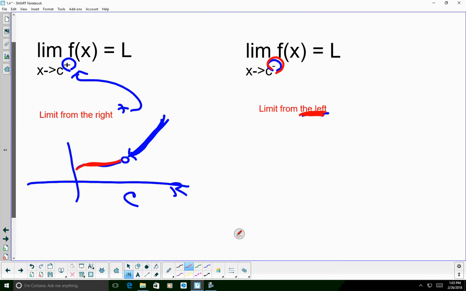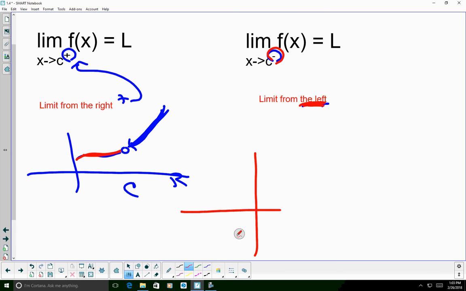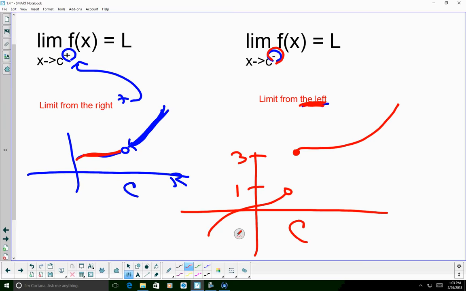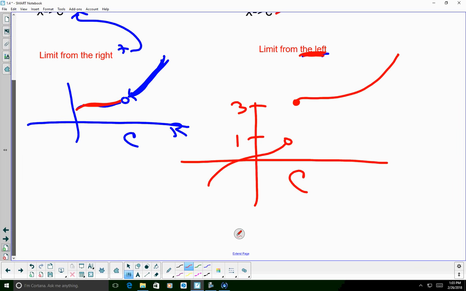So this makes it handy so that if I had a graph that looked something like this, here's c. Let's make this 1, let's make this 3. Open circle there, closed circle there, and I have a graph that looks something like this. And I asked you to find the limit of f of x as x approaches c from the right.